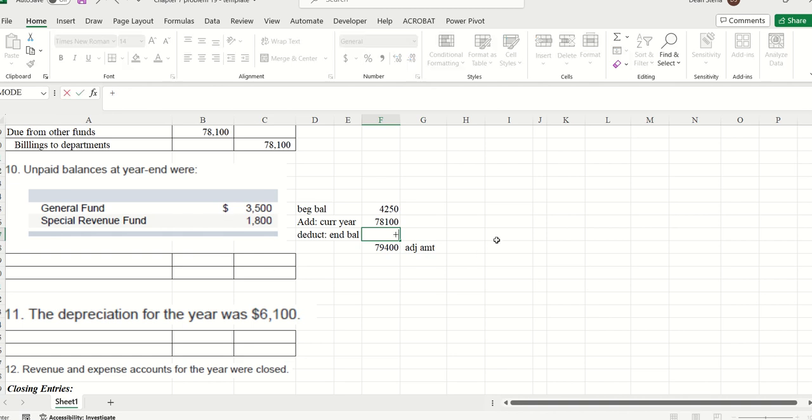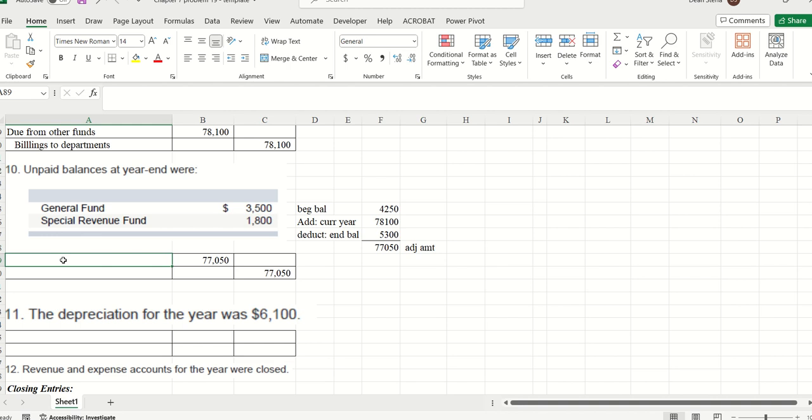So we're going to take the 3,500 plus the 1,800, and our adjustment is 77,050. So that means that they paid us that amount during the year because they went from unpaid to paid.